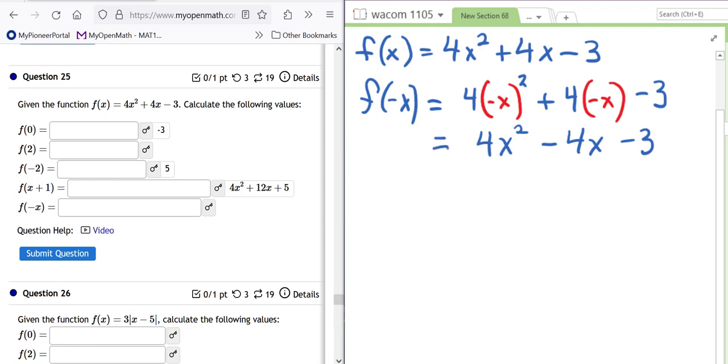So there is nothing else to do. It was just a matter of being careful learning to plug that in. All right, make sure we're right. 4x squared minus 4x minus 3. So when they give you these variable expressions to plug in, you have to plug the whole thing in every place you have a variable and use parentheses.